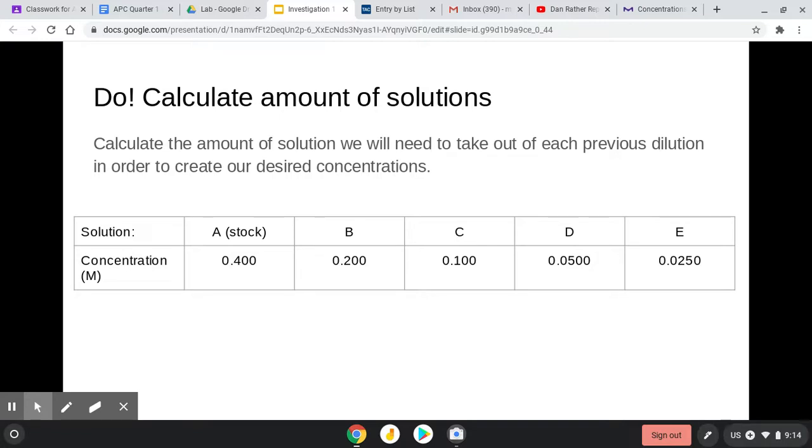We'll put them all in the spectrophotometer, and we'll make a graph that relates these concentrations: 0.4, 0.2, 0.1, 0.05, 0.025, okay?